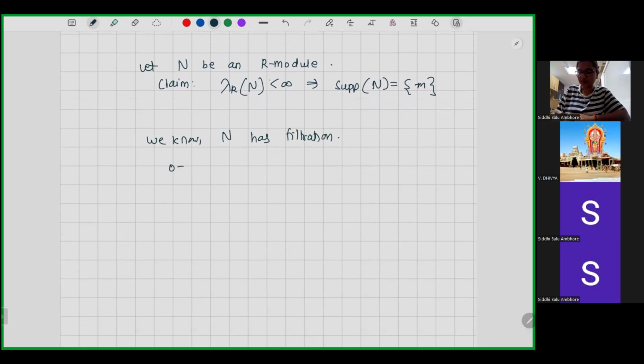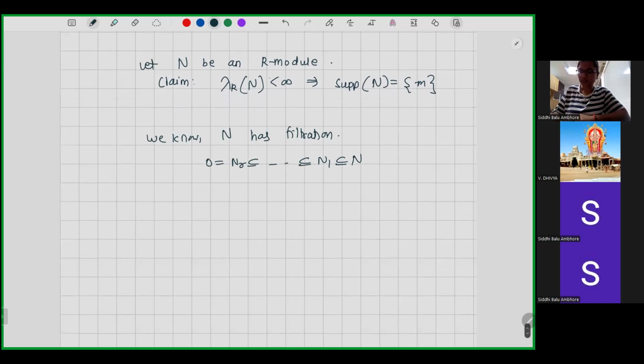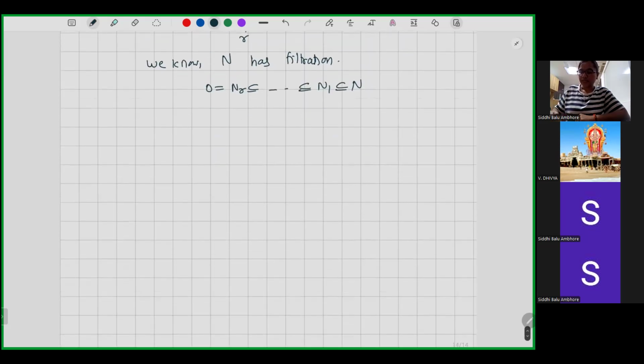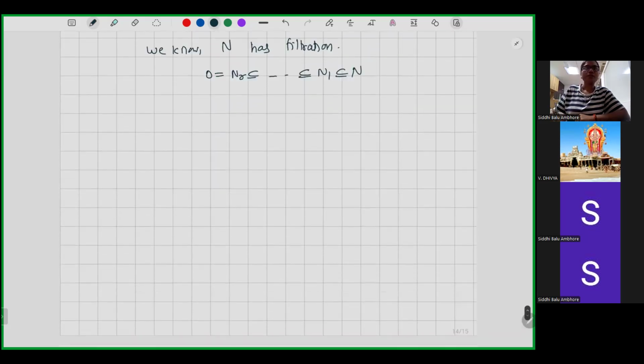So we have a filtration of this form: N is contained in N1, contained in some Nr, which is 0. Okay, so we are considering this finite length to be r. And this filtration is such that N(i+1) quotiented by Ni is isomorphic to R mod M, which is a simple module.